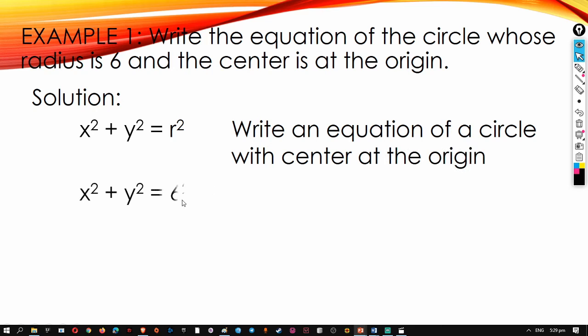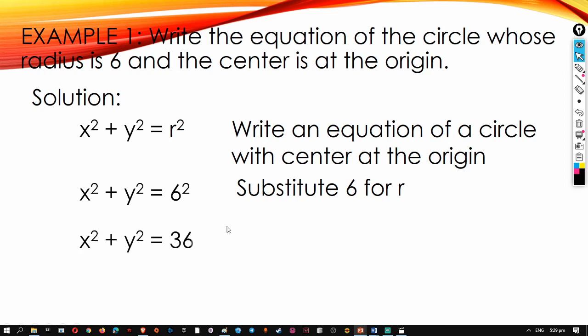So, substitute natin. Ang r ay 6, kasi wala naman siyang, kumbaga ang origin niya is 0, 0. So, ang sasubstitute lang natin dito ay yung radius of 6. O, ngayon, isi-simplify na natin ang 6 squared.